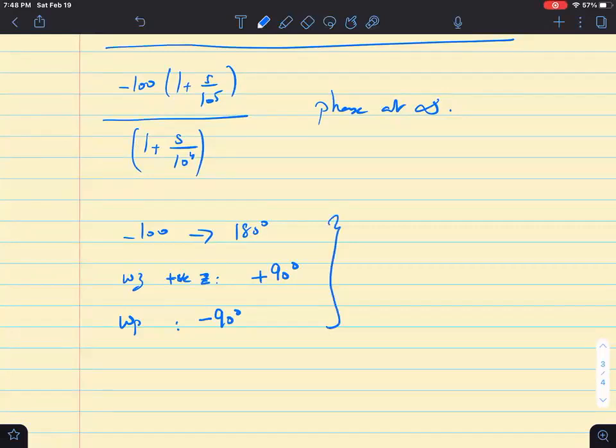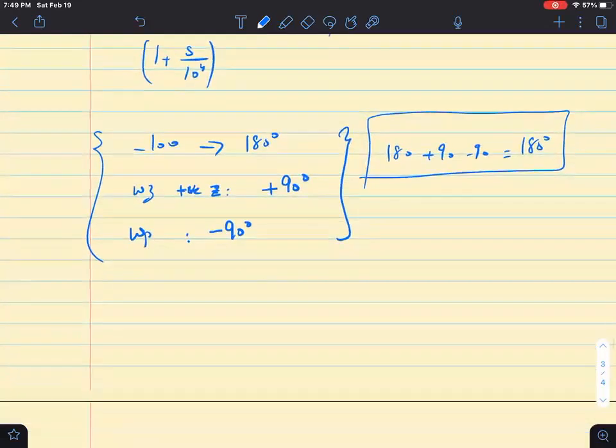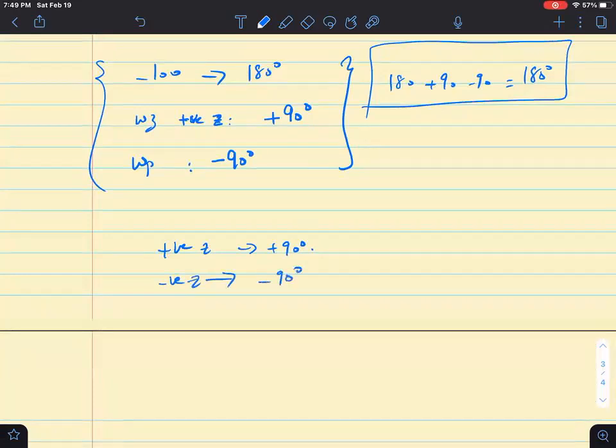Therefore, the total phase is going to be 180 plus 90 minus 90, which is 180 degrees. So for my system, a positive zero at infinity, at very large omega, gives me a 90 degrees contribution, as we explained before. A negative zero gives me minus 90 degrees, and the pole gives me minus 90 degrees. This is the phase at infinity. Okay.